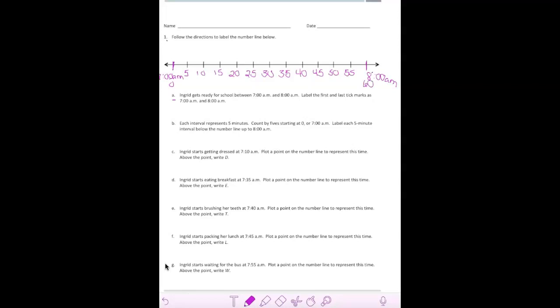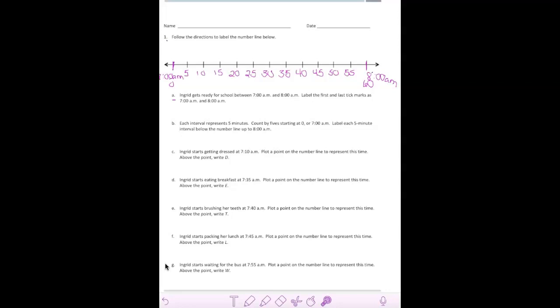Go ahead and stop the video anytime you need to make sure that your paper looks like my paper. Now we're going to go on to letter C. Letter C says, Ingrid starts getting dressed at 7:10 a.m. Plot a point on the number line to represent this time.